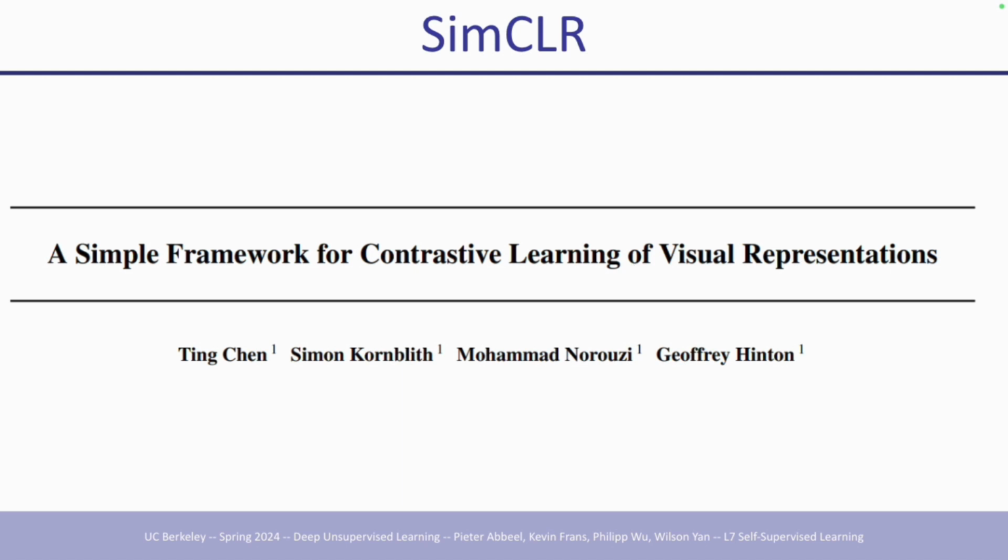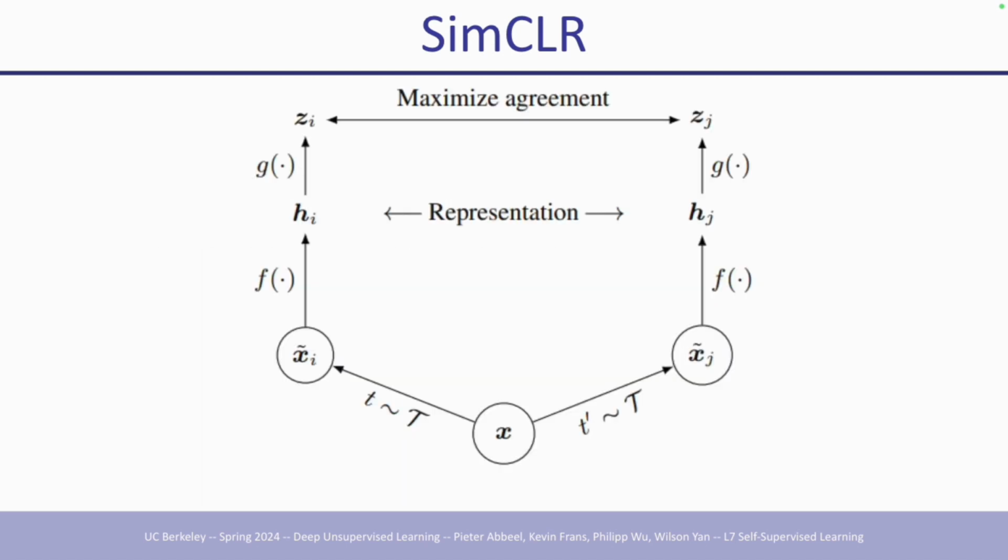So next we'll talk about SimCLR, which is very similar to what we just covered with a small change. We just talked about MoCo, where they have this momentum on part of their network. SimCLR gets rid of that, but they make an additional change.